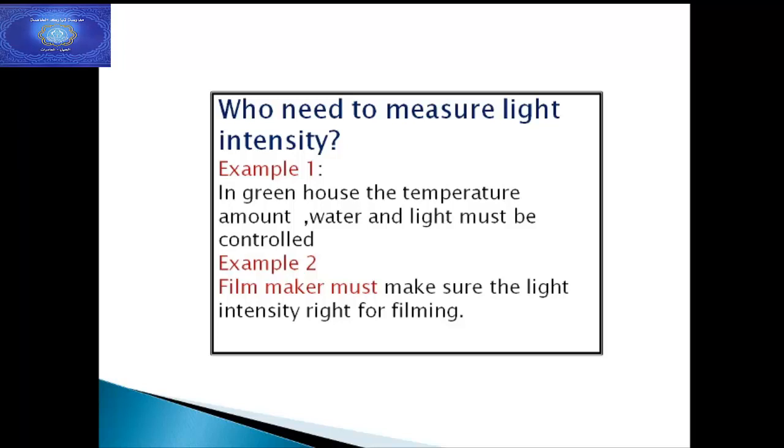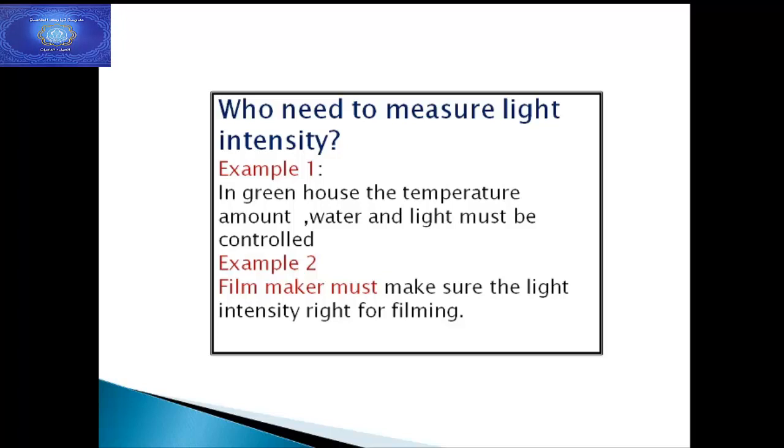First example, in a greenhouse. In a greenhouse, the temperature, the moisture, the water must be controlled, and the light must be controlled to let the plant grow well.